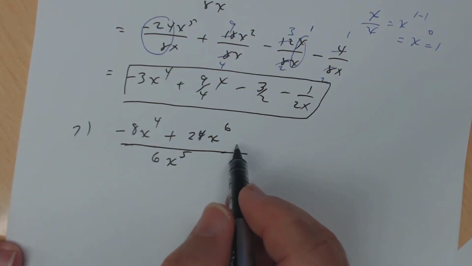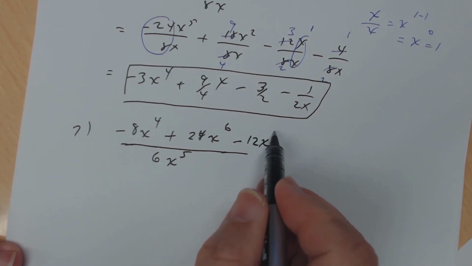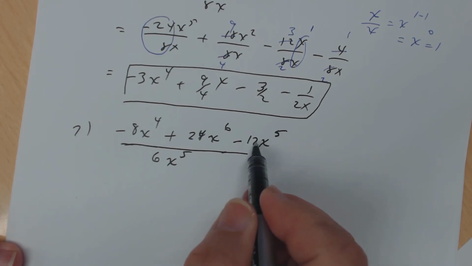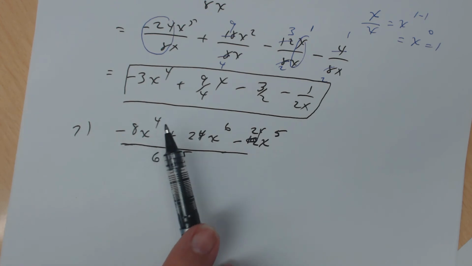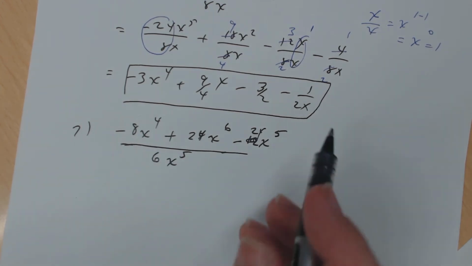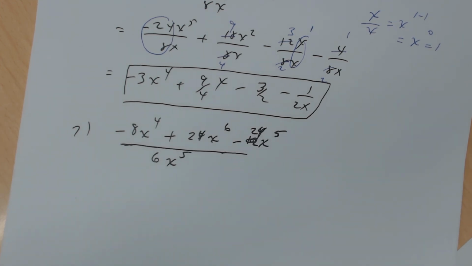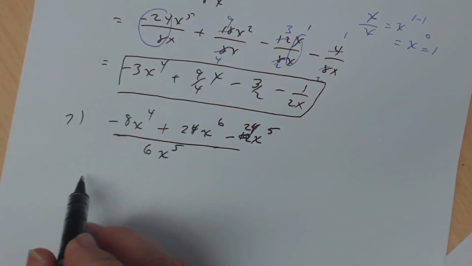And also, let's put right here minus, let's make it 24, 24x to the 5th. All right, so negative 8x to the 4th plus 24x to the 6th minus 24x to the 5th. Again, you're dividing all these by this monomial.